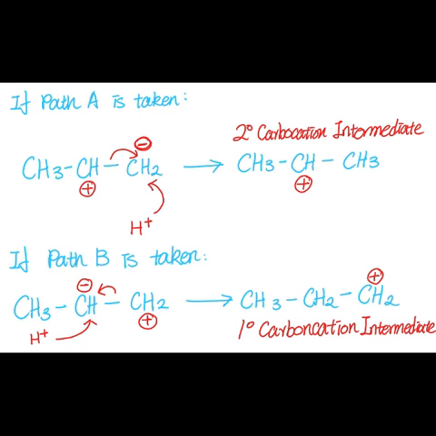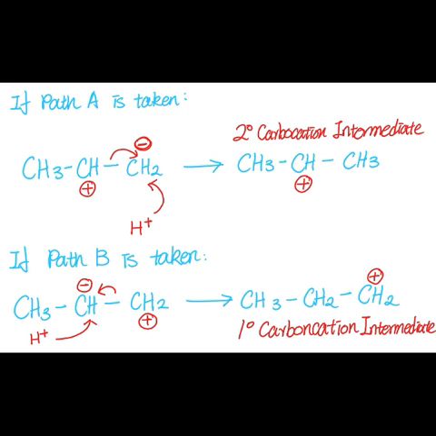Right. If path B is taken, then everything happens in reverse. So all the free-flowing electrons will flow to the carbon on the left-hand side of the double bond, making it slightly negative compared to the carbon on the right-hand side of the double bond, which is now slightly positive. And then our electrophile will attach to the carbon which is more negative, so the carbon on the left-hand side of the double bond, forming this particular intermediate.